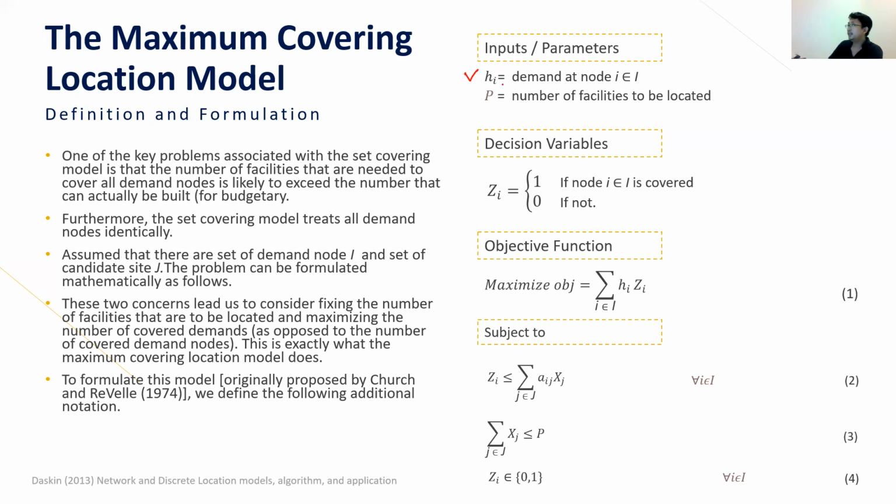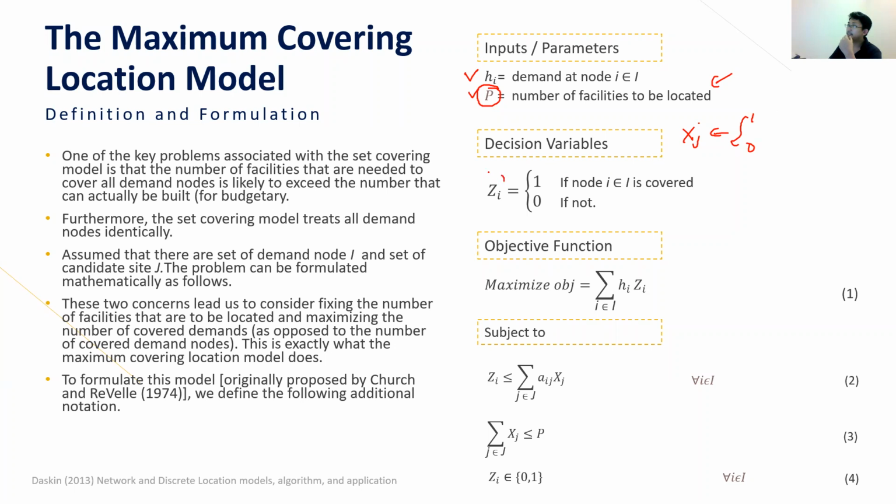And the input should be this kind of input, hi, which is the demand associated with each node i. Okay, and another one is the number of facilities that can be located, p. And we have an additional decision variable. We still have the same decision variable as the previous one, which is xj, equal to 0 or 1, in which 1 represents that facility j is being selected, and 0 if not.